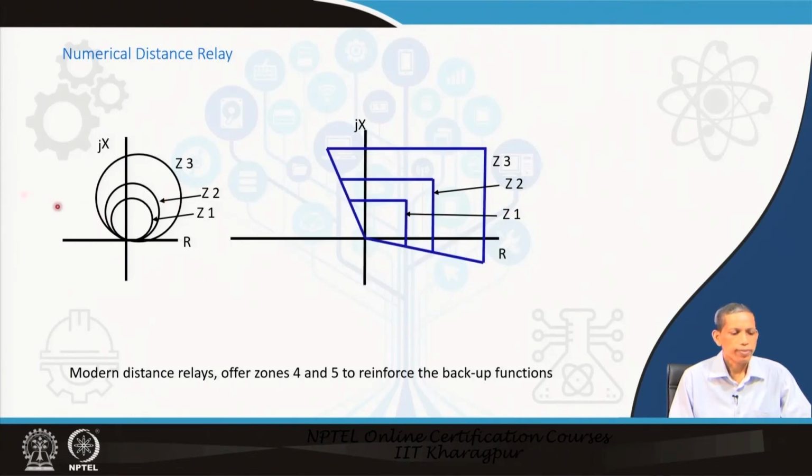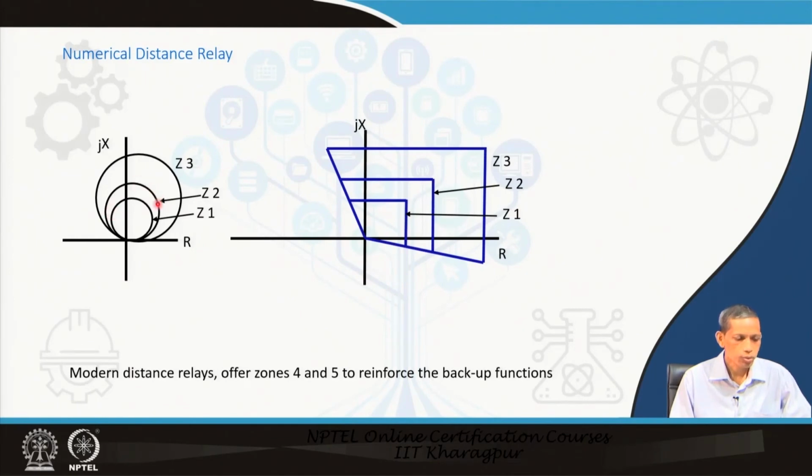Now, we see that in a numerical distance relay, there is a set of curves being used. We have more relay characteristics here, and this is the quadrilateral characteristic we have already enumerated. So, zone 1, say 90% of the line. So, this is zone 1.